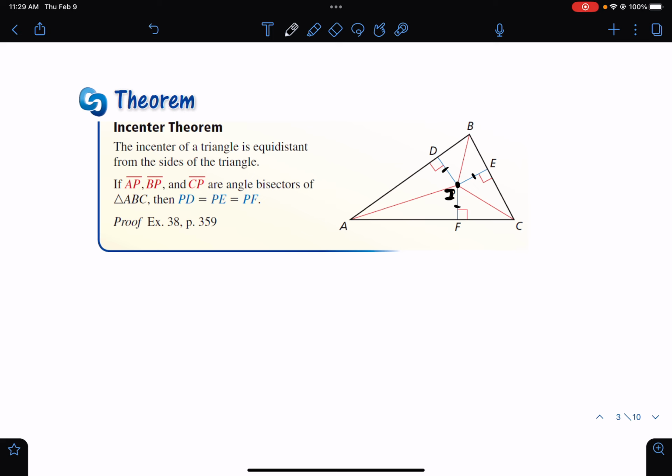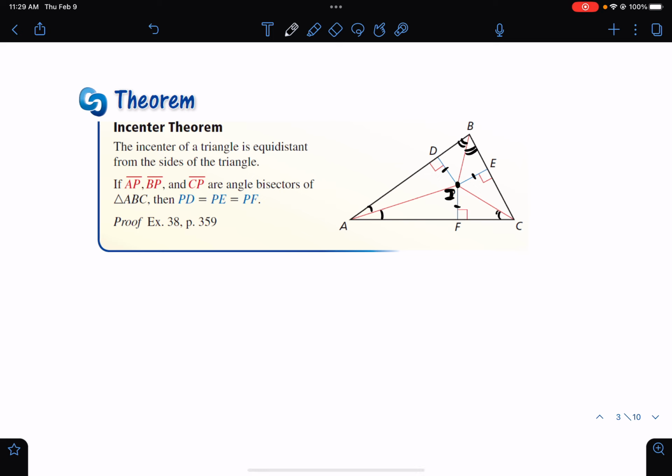And the way that you create the incenter is by bisecting the angles of the triangle. So angle A over here, if it's cut in half, that's how you got this line that connects for the incenter. What that tells you is that this angle is equal to this angle, because it cut angle A in half. It also cut angle B in half, so this angle is equal to this angle.